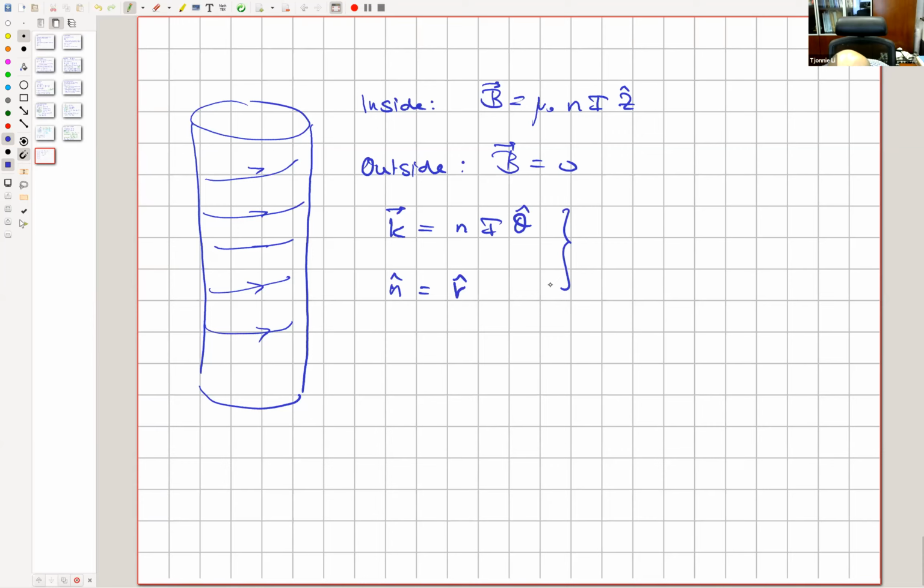And so these two combined give me that K cross n hat equals minus mu naught N I in the Z direction. So indeed, B above minus B below the surface, this surface being outside versus inside of this solenoid, equals mu naught N I Z hat.